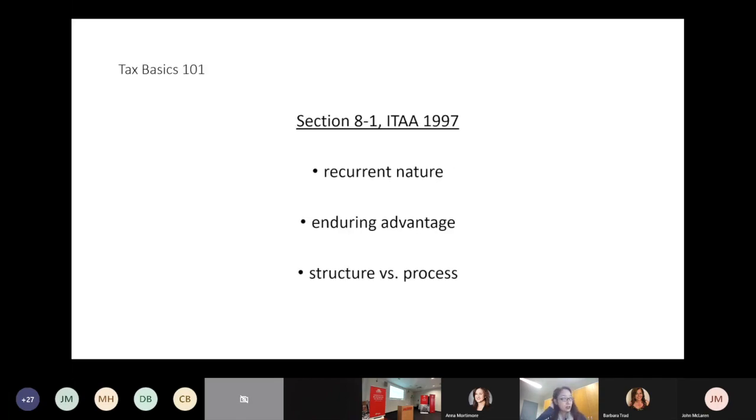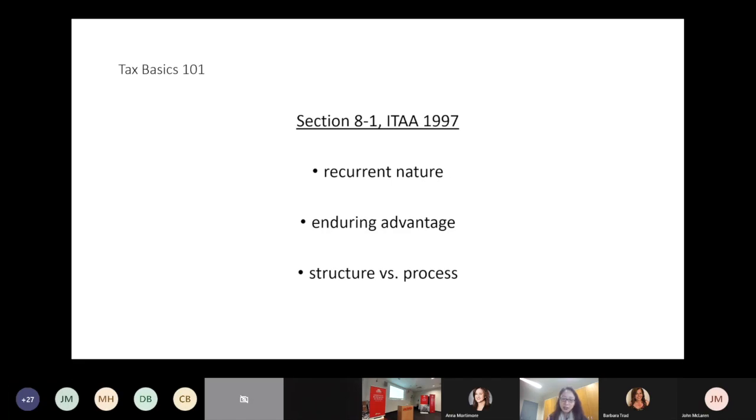Okay, my slides don't have a lot of words, so my idea is that everybody listens. We know Section 8-1 in the Australian income tax law. It's the most central provision that allows deductions for income-related expenses unless they fall into one of the exception categories. One exception is capital expense.